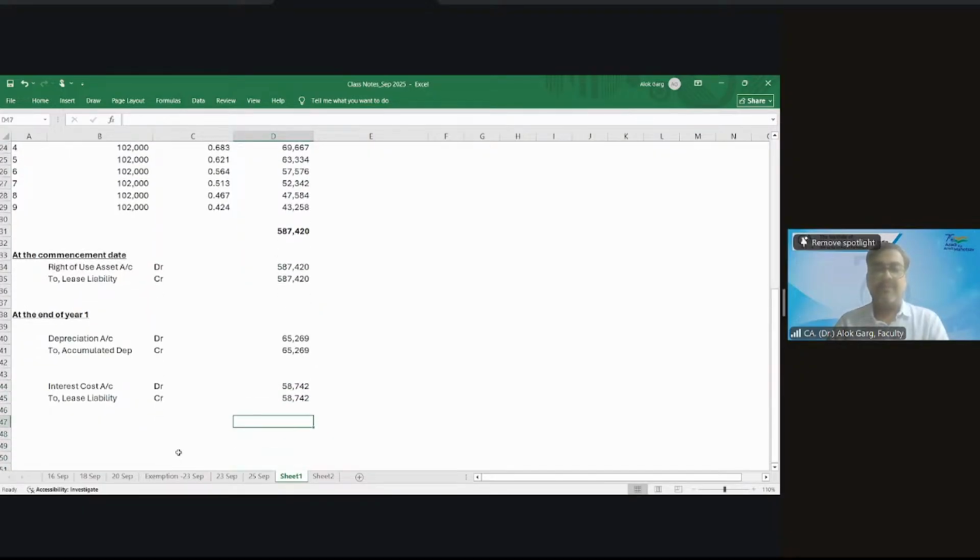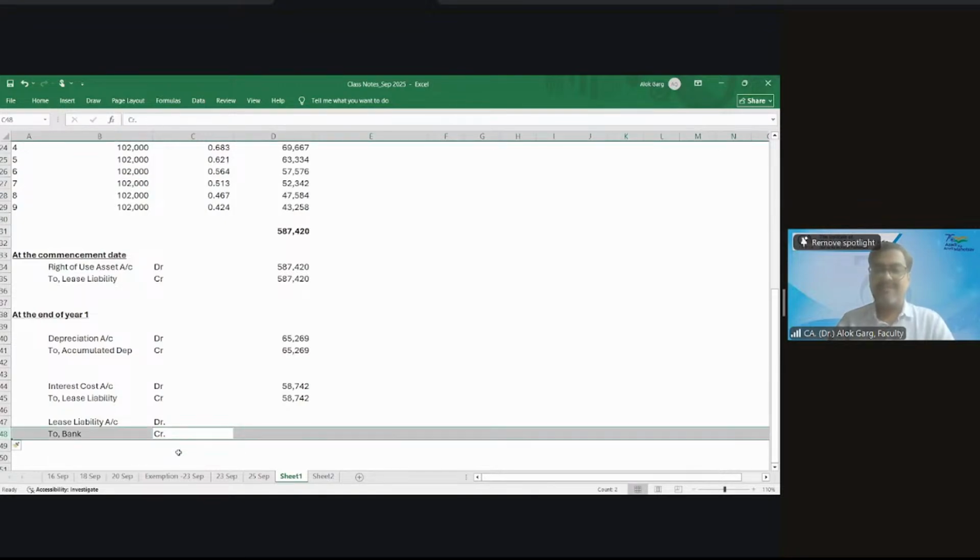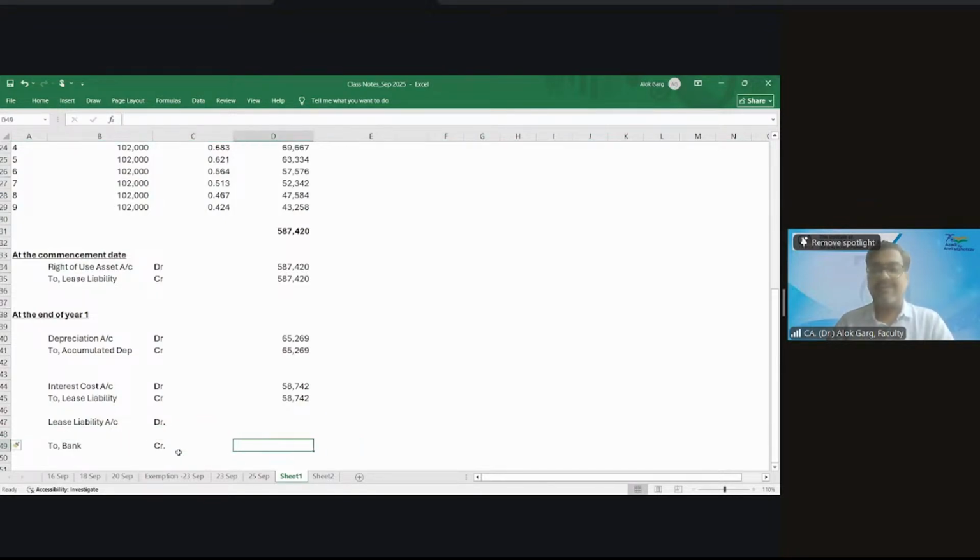Then you will make a lease payment. Lease liability account debit, credit bank 1,70,000.